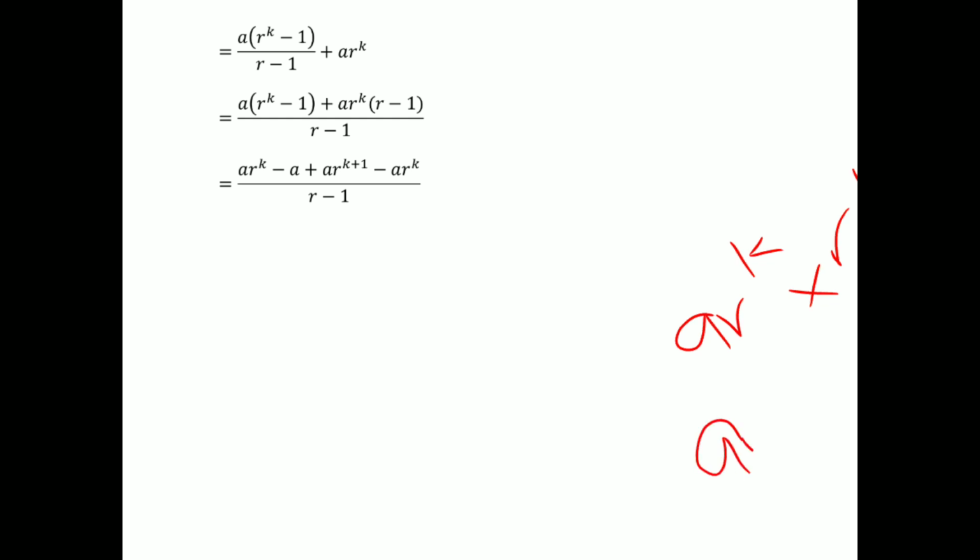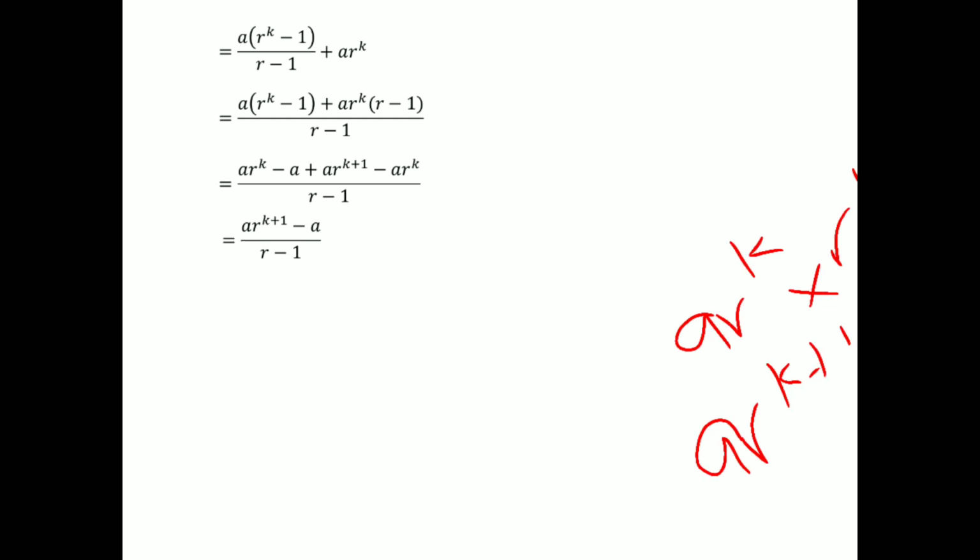So you're going to have ar to the k into r minus 1, and open the bracket. When you open the bracket, you get ar to the k minus a plus ar to the k plus 1 minus ar to the k. You're going to wonder, how is that? When we say ar to the k times r, r means r raised to power 1. So by indices, you're going to have ar to the k plus 1. That's how we got that, by indices.